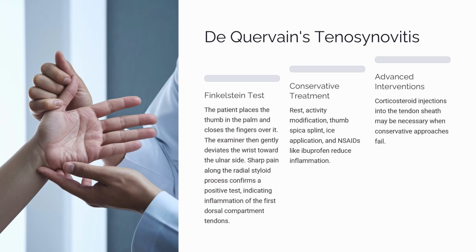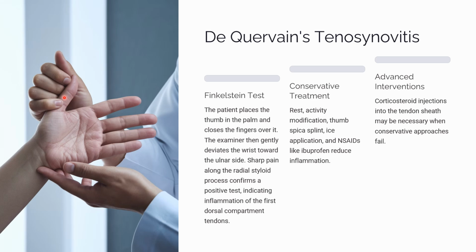So now the second condition that we are going to see is De Quervain's tenosynovitis. Even though the name looks quite intimidating, it is a condition that affects the tendons on the thumb side of the wrist. If you see, these are the tendons that are affected.